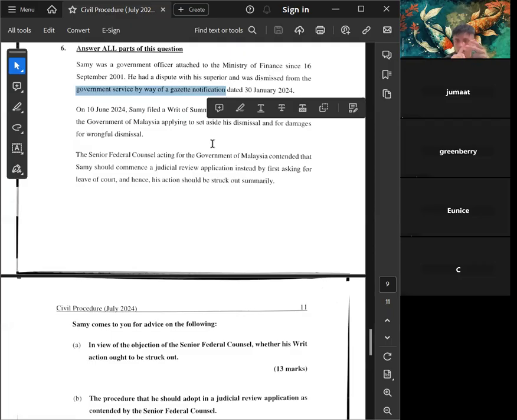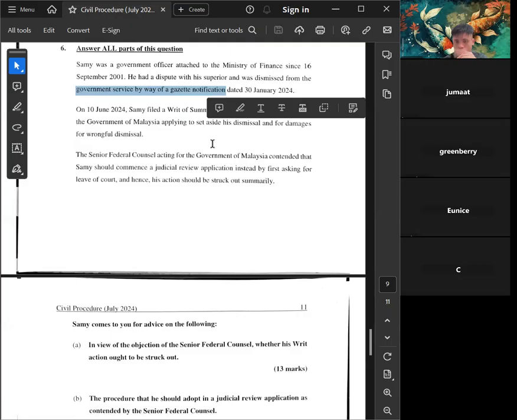So based on the facts, he has no reasonable cause of action, as it should be done by way of judicial review. Therefore, the objections raised by the senior federal counsel are sustainable.